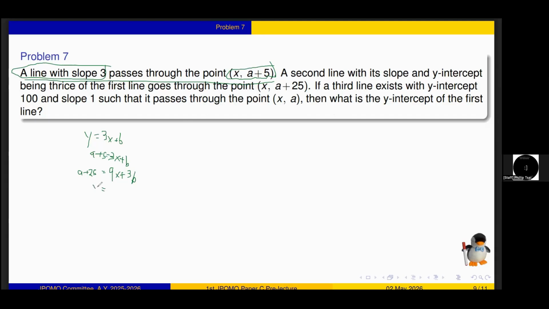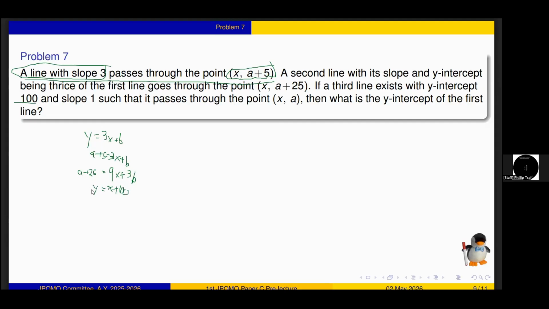which is y. Let's call the third line's y-intercept, by the way, because we don't know what it is yet. But sorry, no, actually, we know the right thing, so we'll call it 100. Sorry. y is equal to x plus 100 passes through the point x comma a.